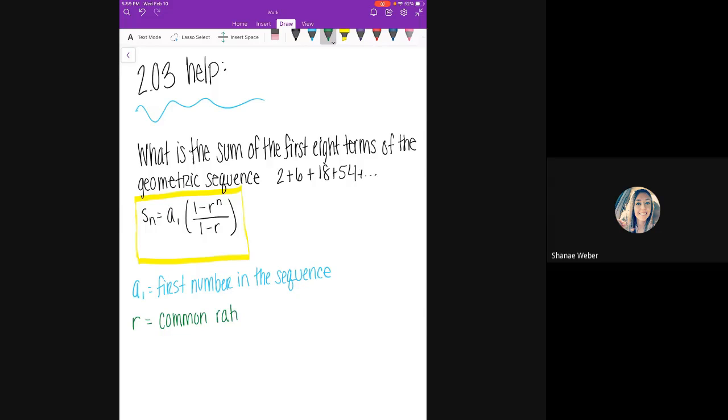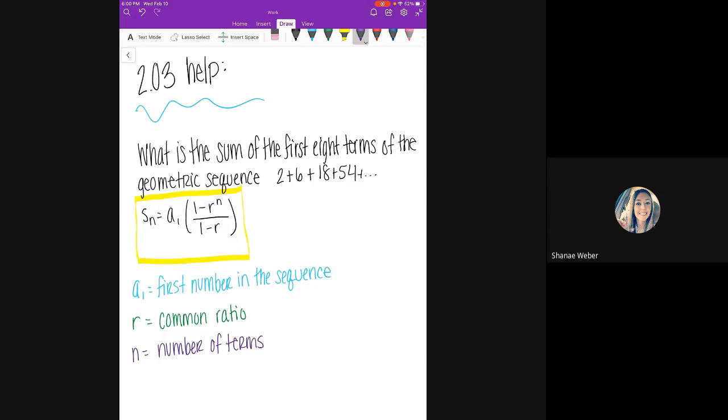And that just means how we get from one number to the next each time. And then N is the number that we're trying to find, or number of terms. Okay, so those are 3 important definitions that we need to know for all of these problems.